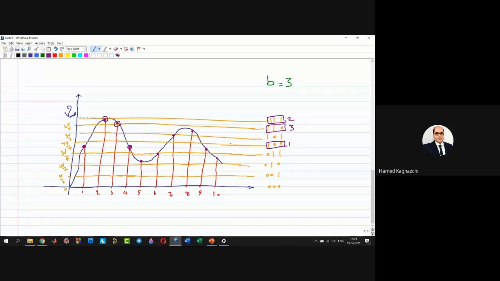This sample belongs again to this one. This sample belongs to this one up to the end. For each sample, I define a binary code according to this division. This division is delta, my step size. I said that, for example, this value is near to this line. What is the code of this line? 1, 0, 0.